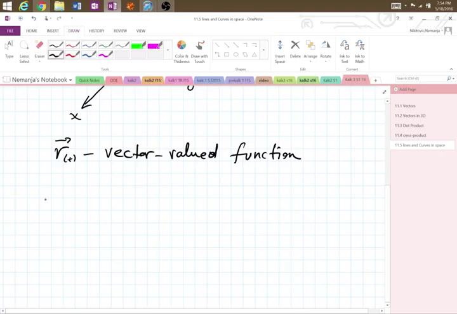So if you have in your pre-calculus course that f of x is equal to x plus 5, then f of 2 is 2 plus 5, and it gives you 7, so you have the input and you have the output, right? But then what you can do is you can do the same thing with vector-valued functions.